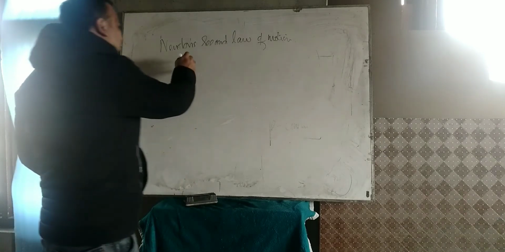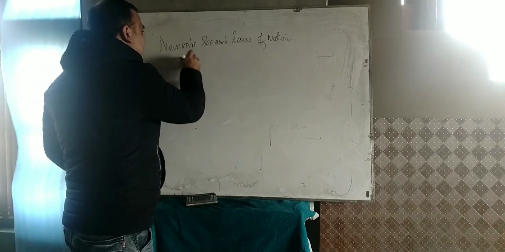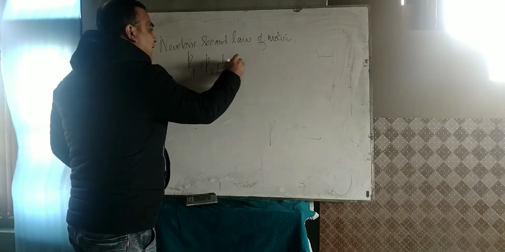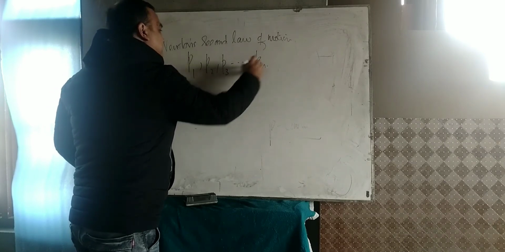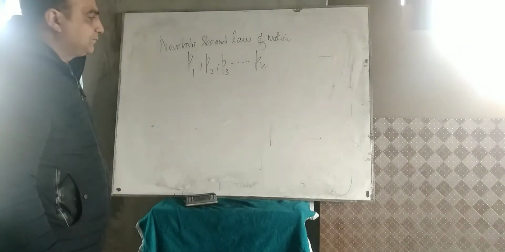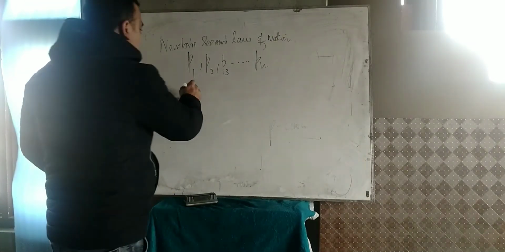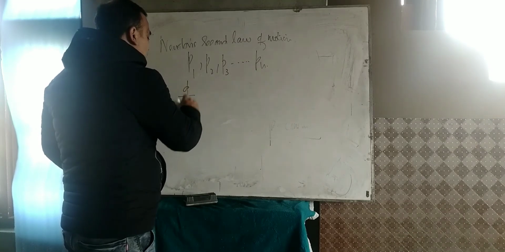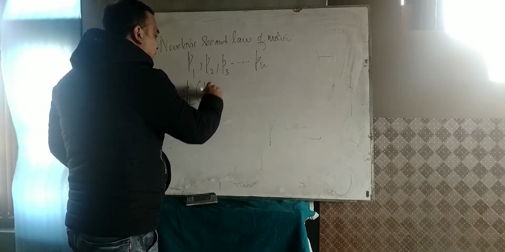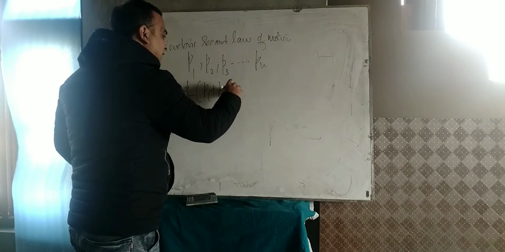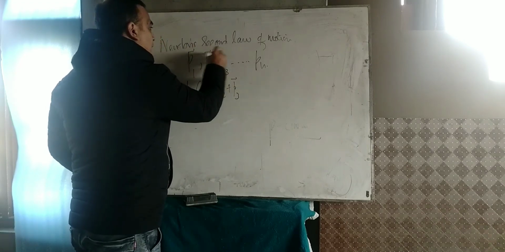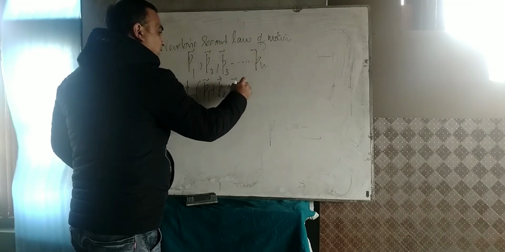Now suppose we have some particles having momentum P1, P2, P3 and so on, up to Pn. Their time derivative will be dP1/dt plus dP2/dt plus dP3/dt and so on.